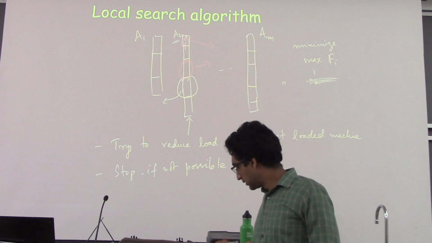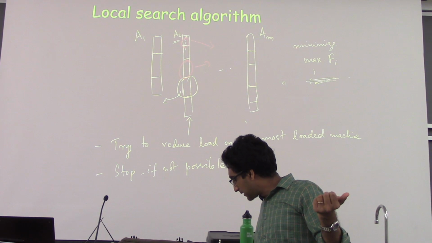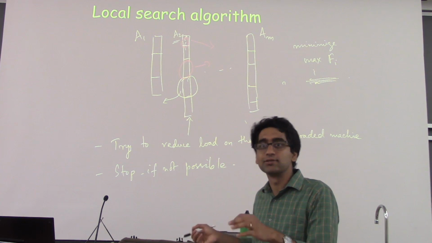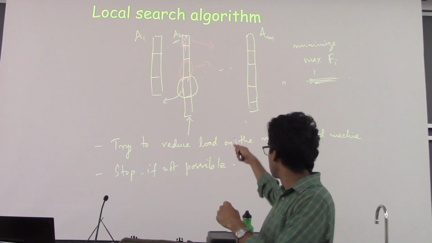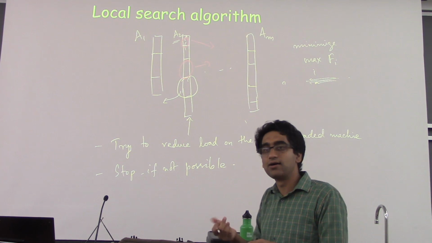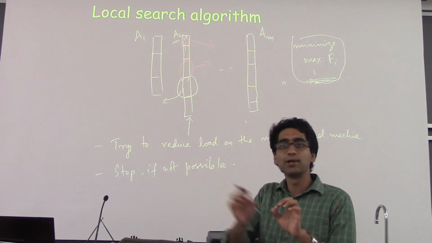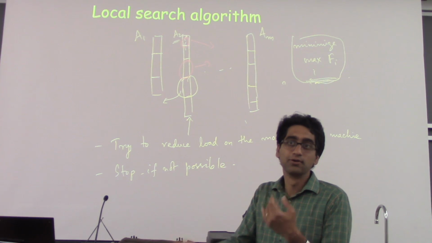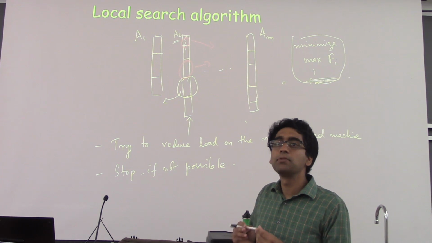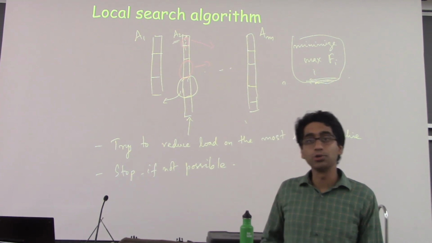Which one you? Yeah. So as you were saying, this algorithm doesn't care. The number of iterations will depend on some bad choices. You don't want to move to a machine where you only very slightly improve this objective value, right? So you would want to move to a place where you improve this objective value by a reasonable amount. Otherwise, you make some progress, but you don't gain too much.